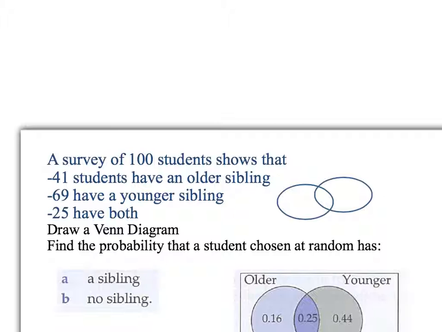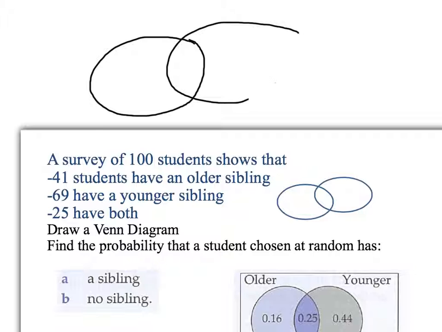An example of when we use Venn diagrams, and it's always good to draw your own picture diagram of what the problem shows. So we have 100 students, and this is talking about brothers or sisters, siblings.